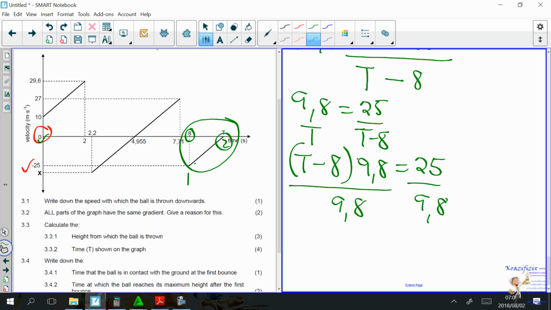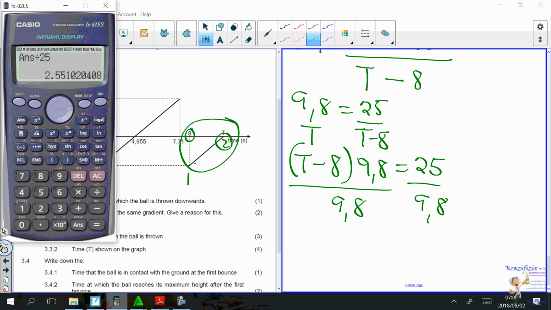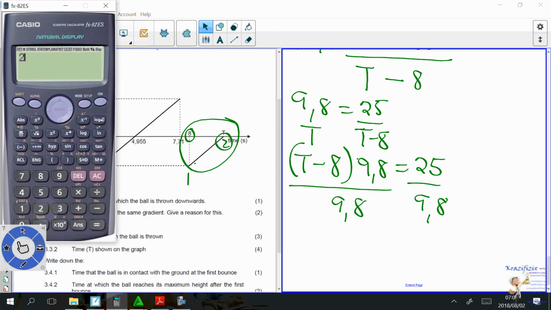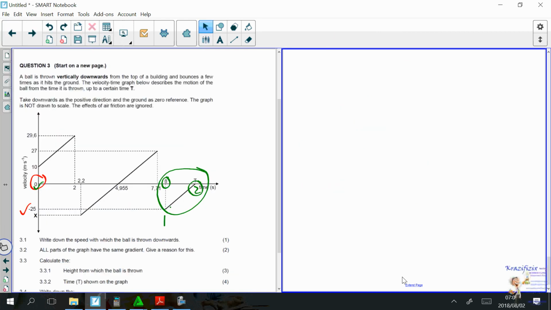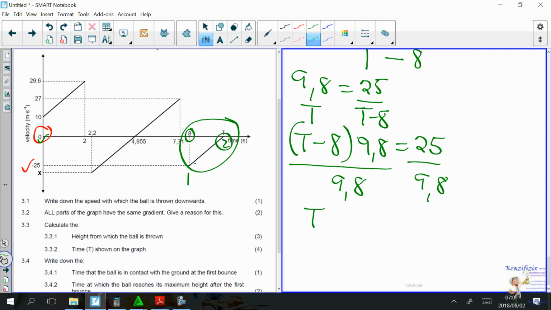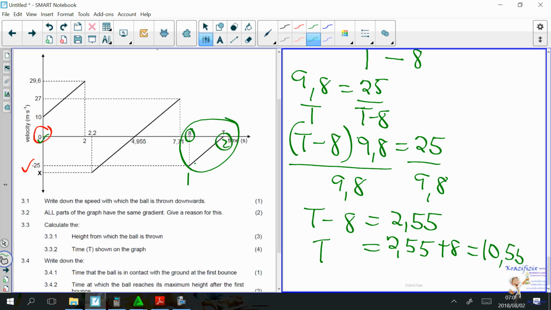What are we going to get? 25 divided by 9,8 would give me 2,55. So t minus 8 equals 2,55. What is t? We bring that over. 2,55 plus 8 gives us 10,55.